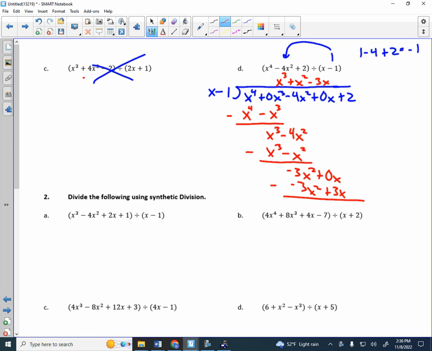I get a positive 3x there. When I subtract it, what do you come up with? A negative 3x. What do I do? Drop down the plus 2. What do you multiply x by to get negative 3x? Negative 3. You get a negative 3x plus 3. I subtract and you get negative 1 is the remainder.